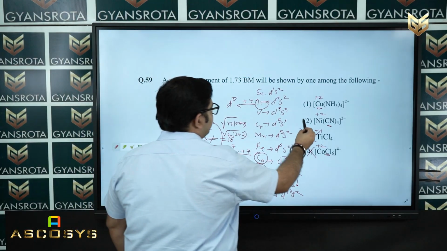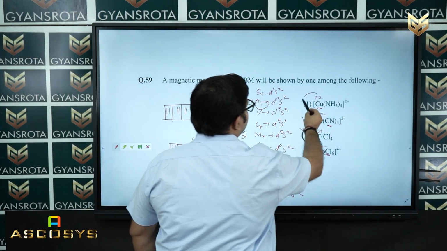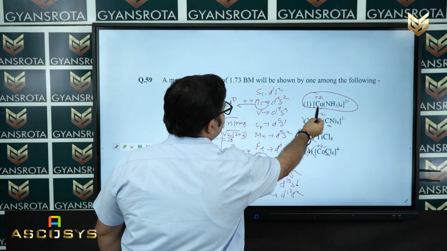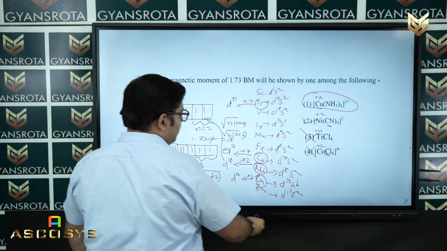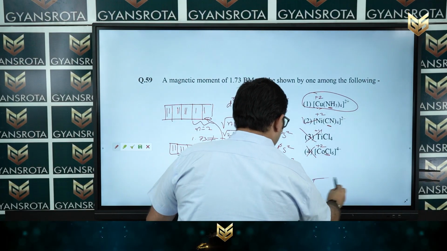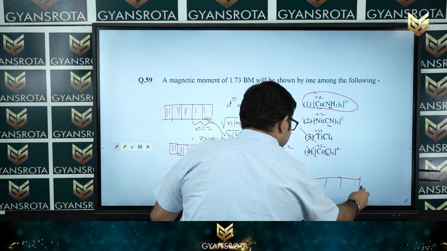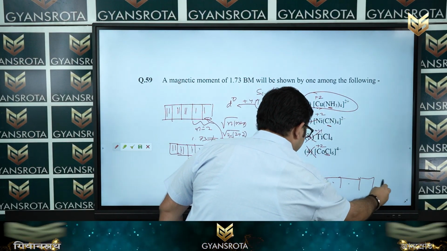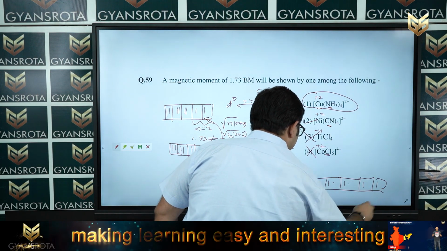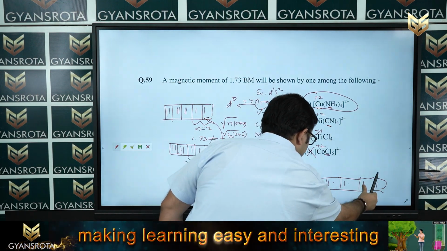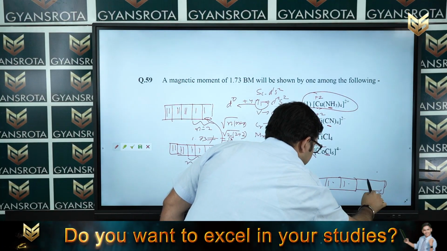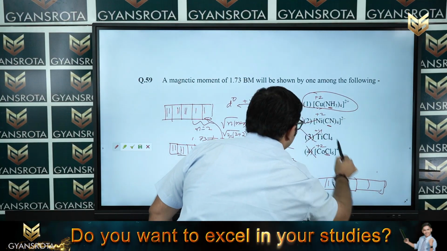So, you are left with only one option, that is Cu(NH3)4, which is in plus 2 oxidation state. So, if I remove this plus 1, and ammonia is a weak field ligand, I end up with 1, 2, 3, 4 and 5. So, 1, 2, 3, 4, 5, then 1, 2, 3, 4 and 5, because weak field ligand.